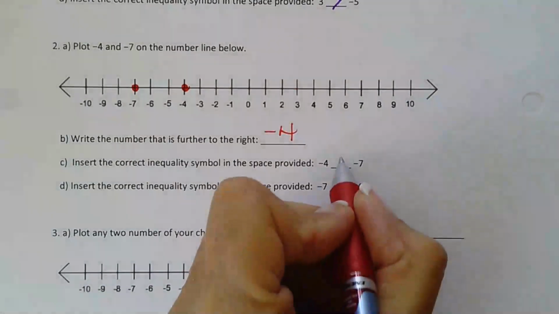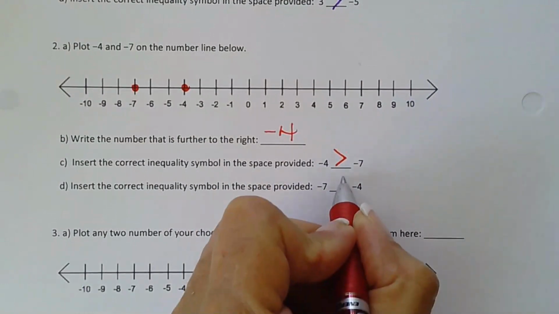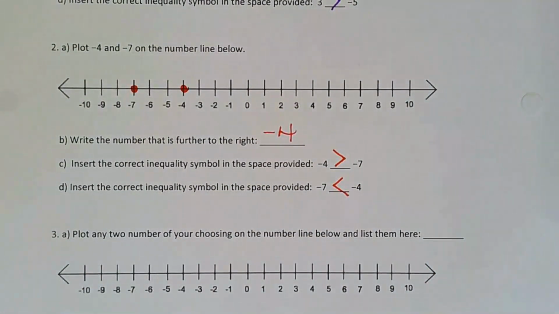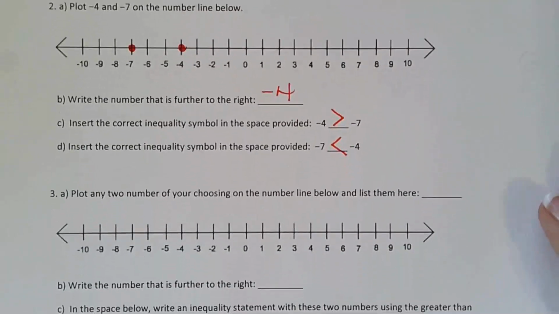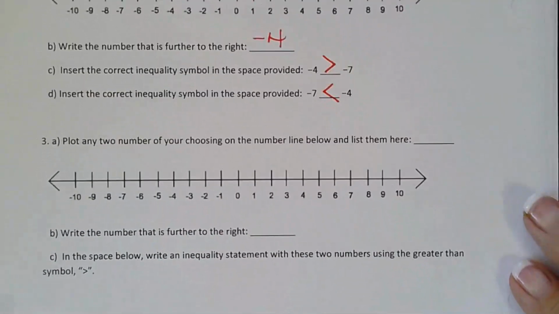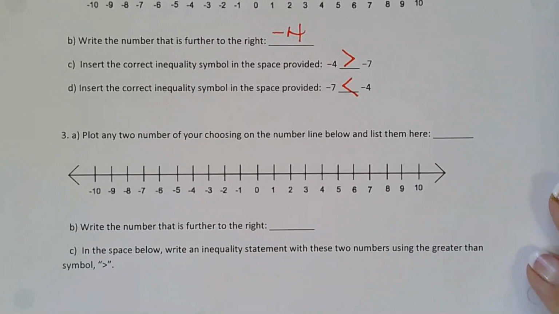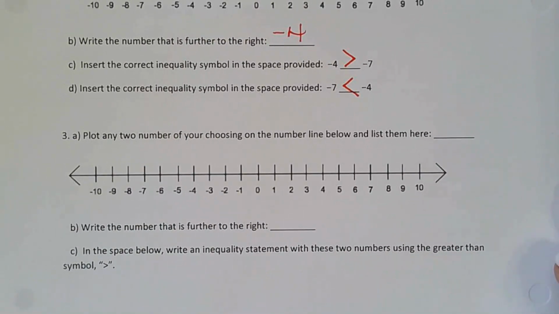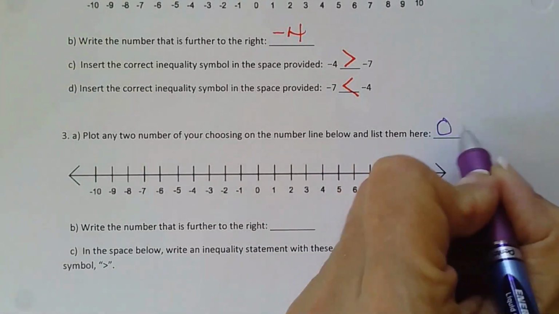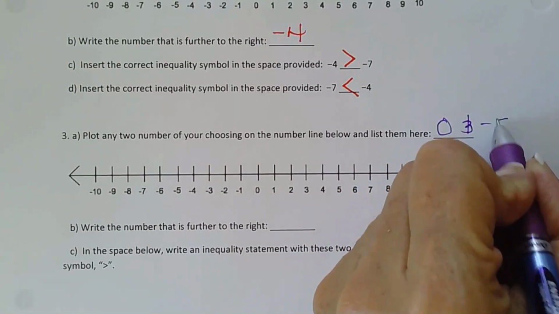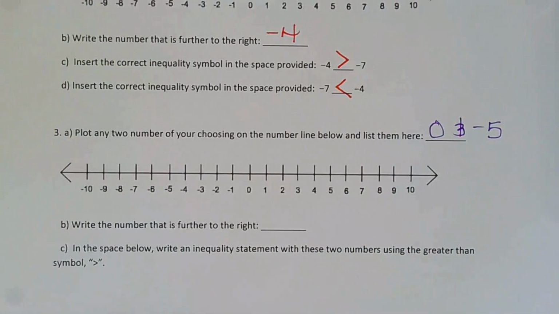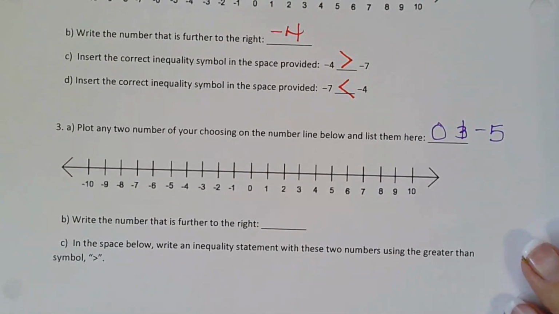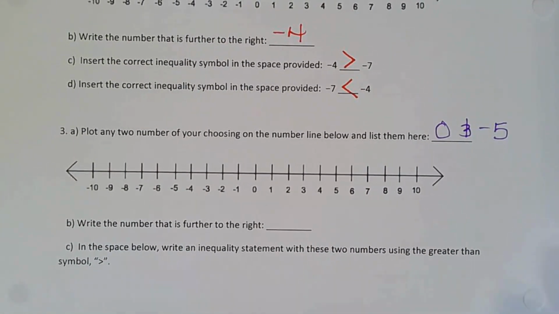So -4 is larger, so it eats the big one. Oh, and this is plot any 2 numbers. So let's pick 0 and -5. Okay, so you guys go ahead and do that one and then write your 2 inequality statements. Okay.